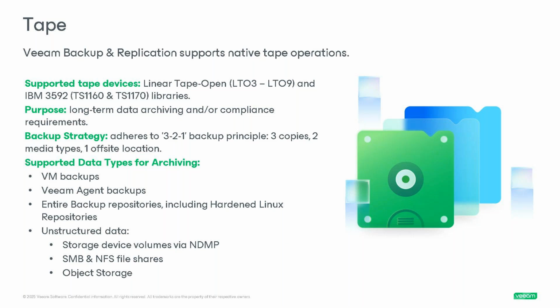Supported data types for archiving are VM backups and Veeam agent backups, like disk to tape, so entire backup repositories written to tape, or you can do file to tape, which is essentially unstructured data being written to tape. That includes storage devices via NDMP, SMB or NFS shares, or you can even back up S3 storage directly to tape.